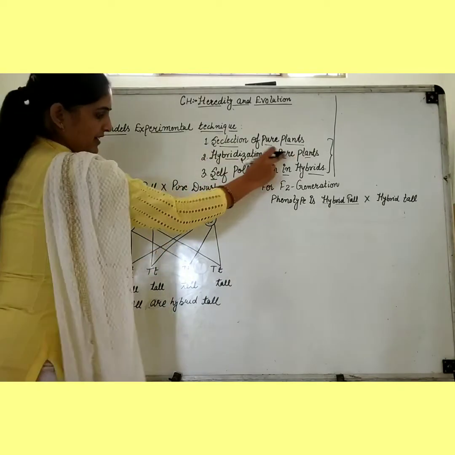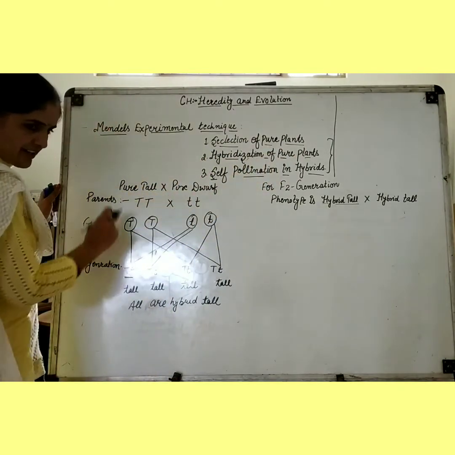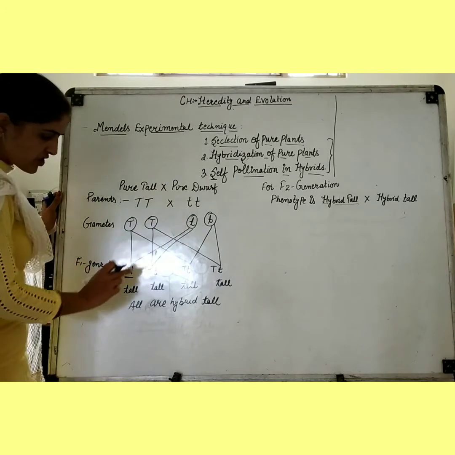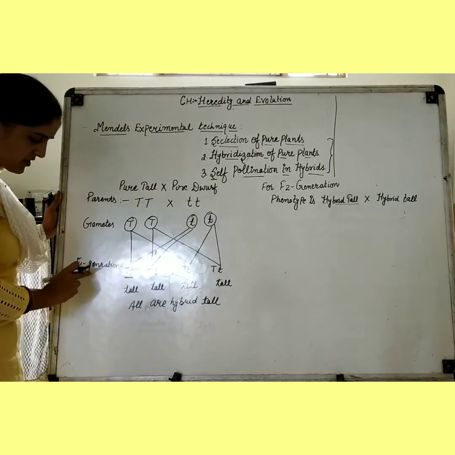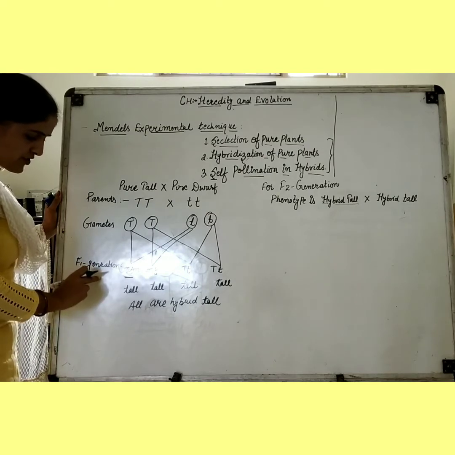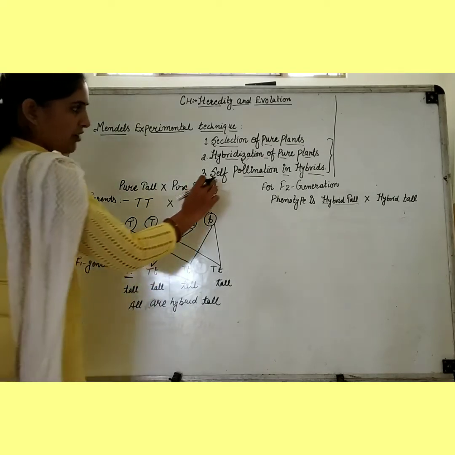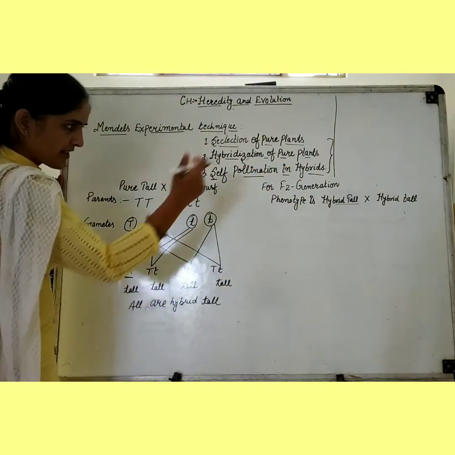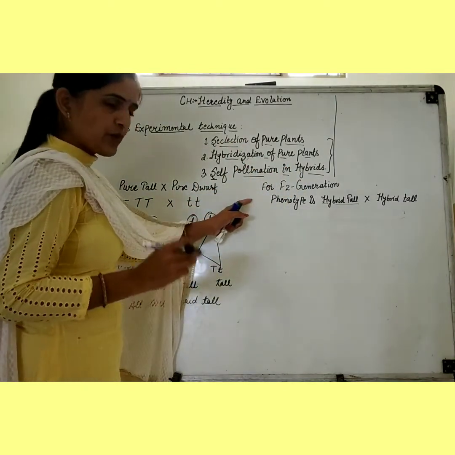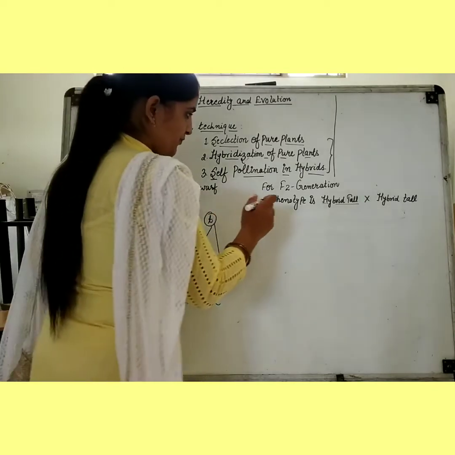Second one is the hybridization, and this is the hybridization. After the hybridization, the offspring of this generation is the first generation, the F1 generation. And now the self-pollination of the hybrid. These hybrids get self-pollinated and we obtain the F2 generation.